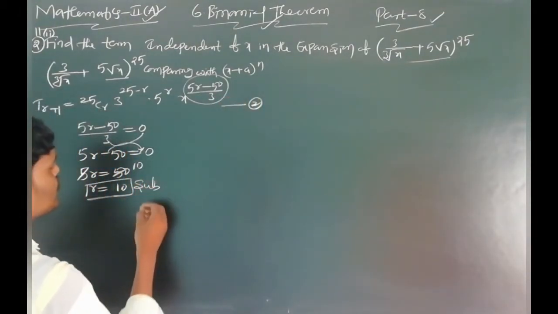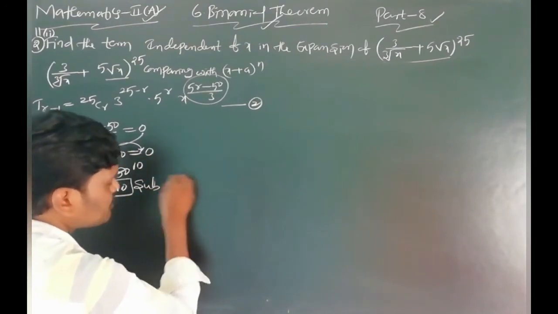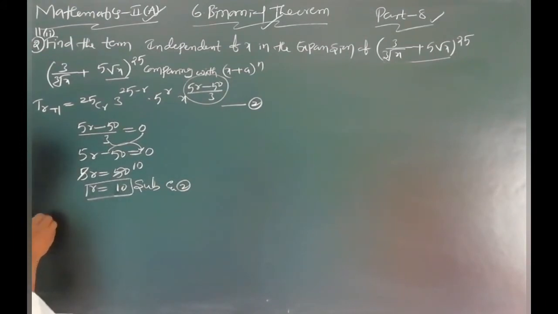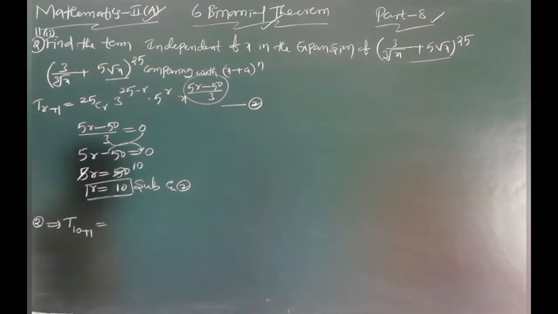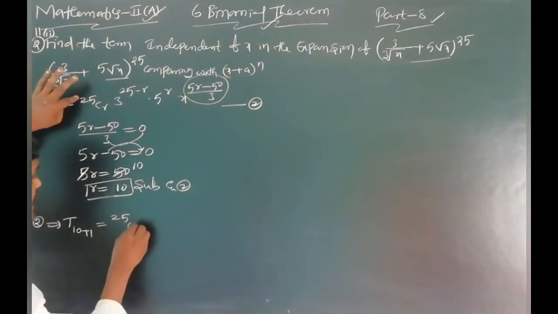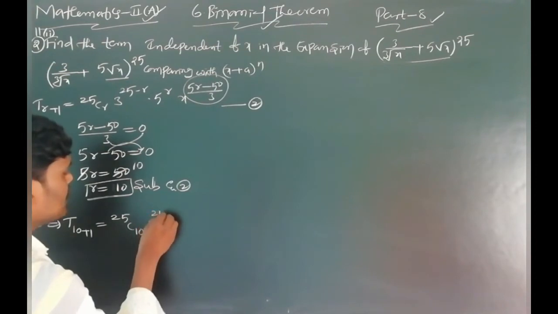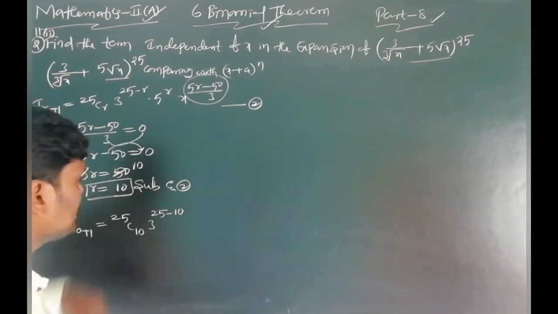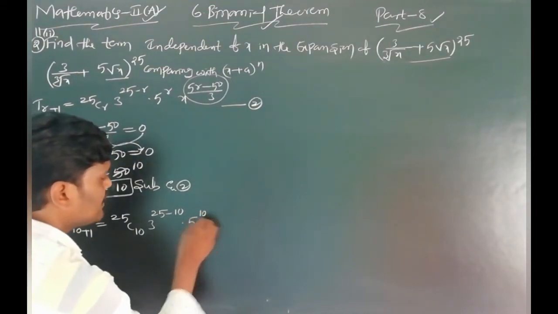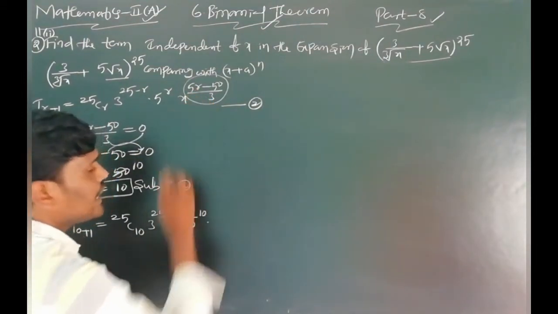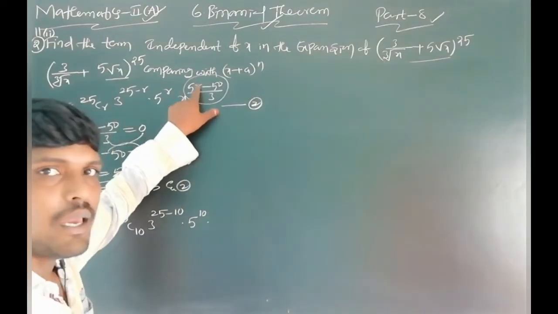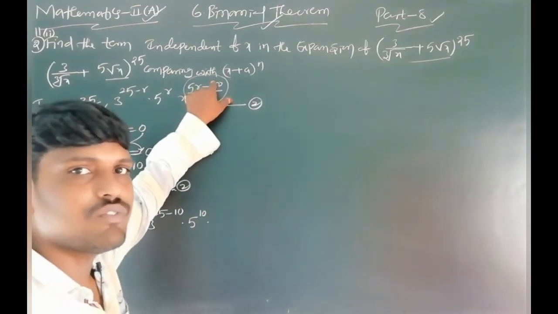Substitute r value 10 in equation 2. You get T(r+1), that is T11, equal to 25C10, 3 power 25 minus 10, into 5 power 10, into x power (5 into r minus 50) by 3. The r value is 10, so 5 into 10 is 50, and 50 minus 50 gets cancelled.